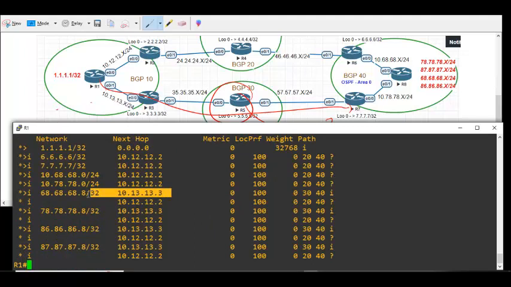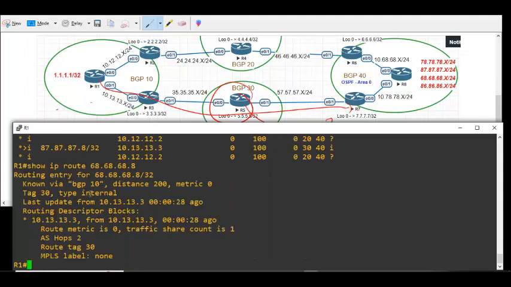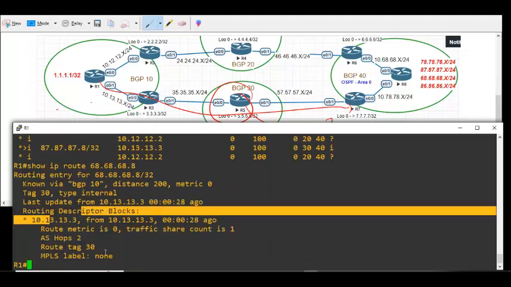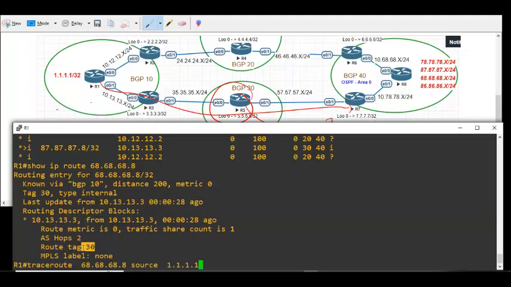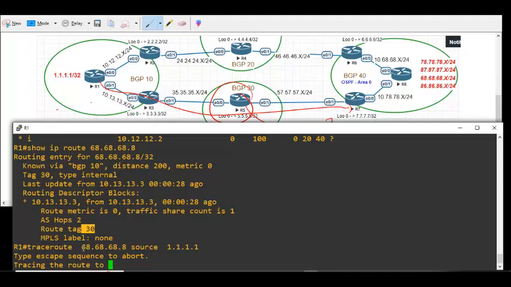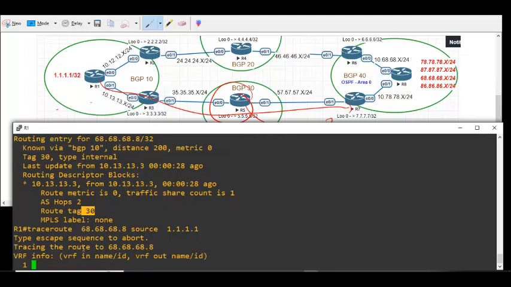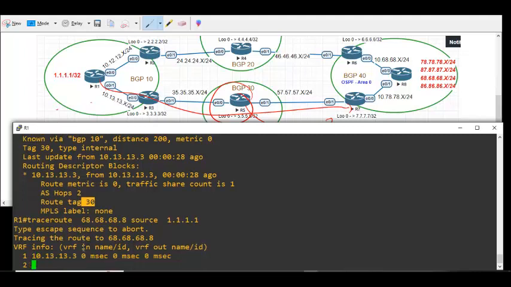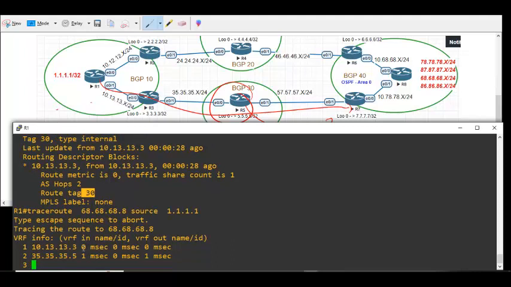It will go via the down path. As we expected.